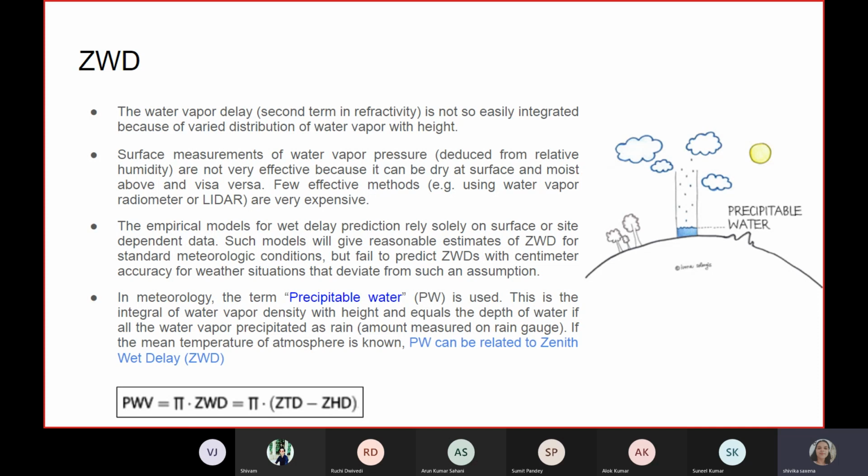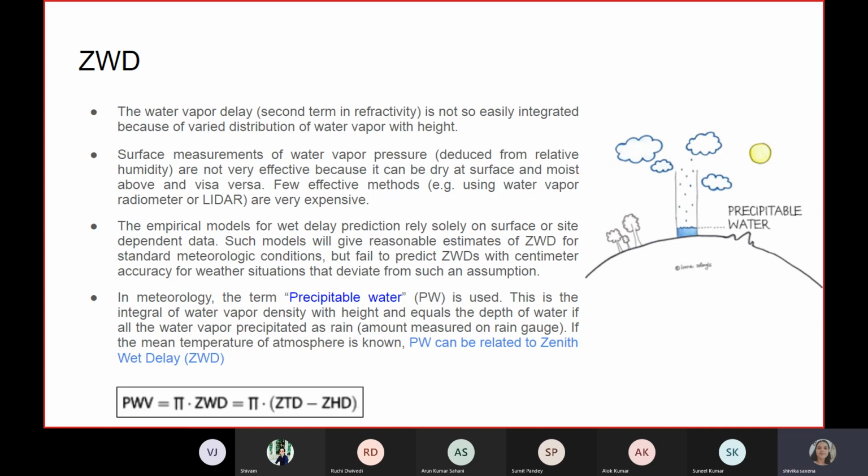That model can be used to find what pressure is there at what height, and this whole picture belongs to which location, given by height and latitude information. So hydrostatic delay is relatively easier to model than the wet delay using empirical models. I hope this is clear.